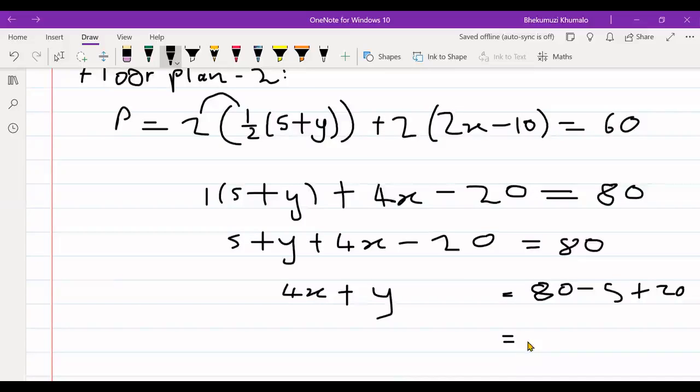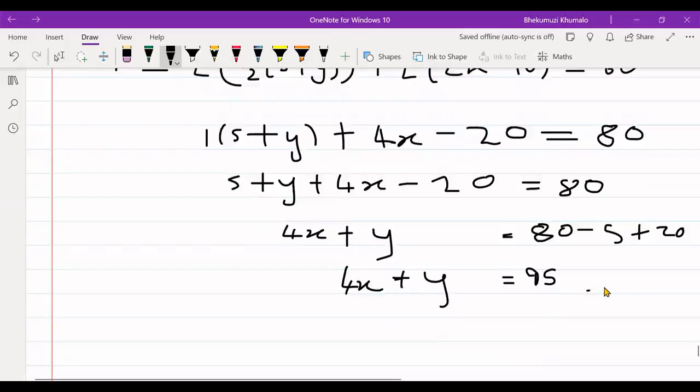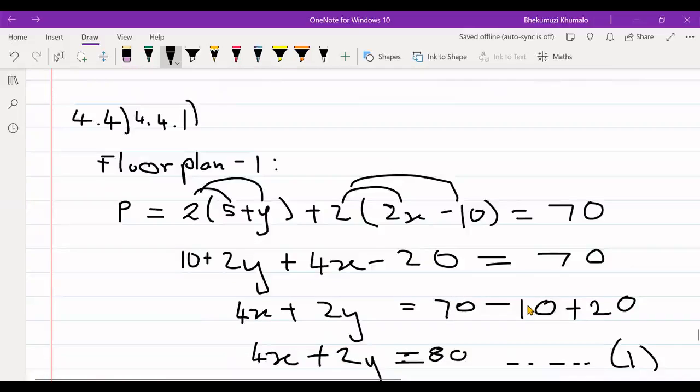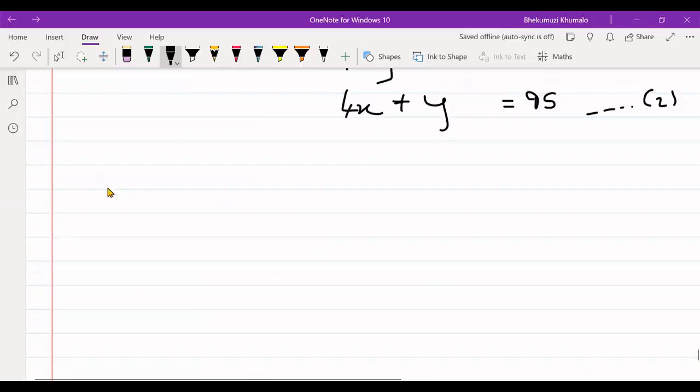Plus 20 is 95. Right, so this is 95. And this is 4x plus y. And so now we actually have 2 equations, or what we call a system of equations. Okay, so that's 4.4.1.